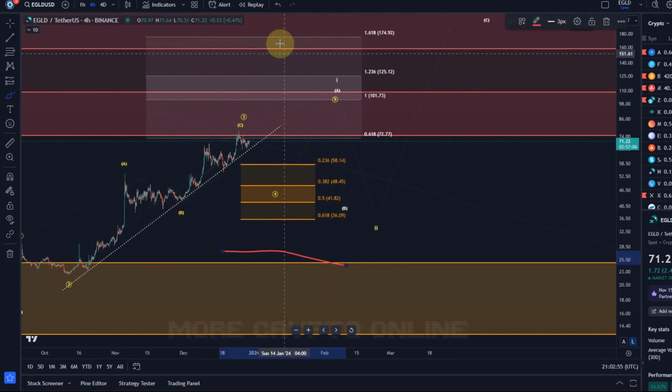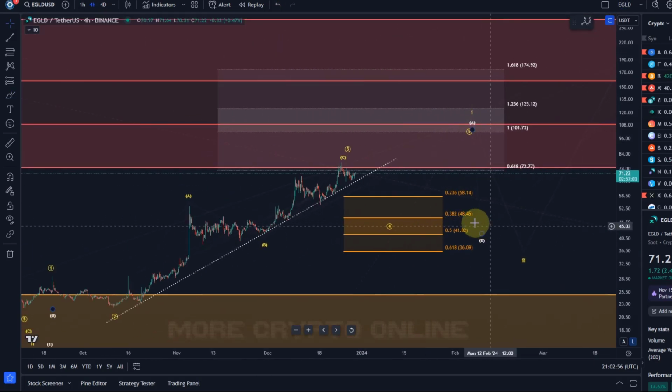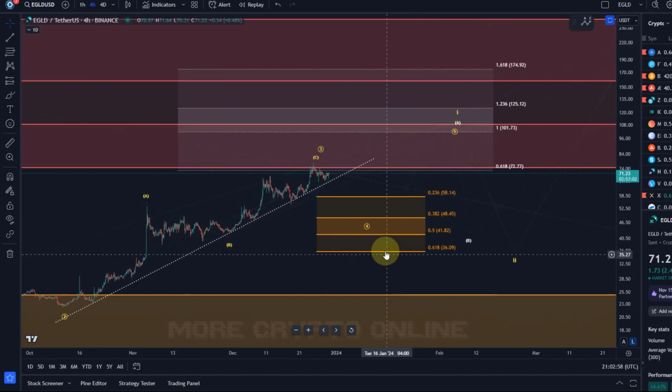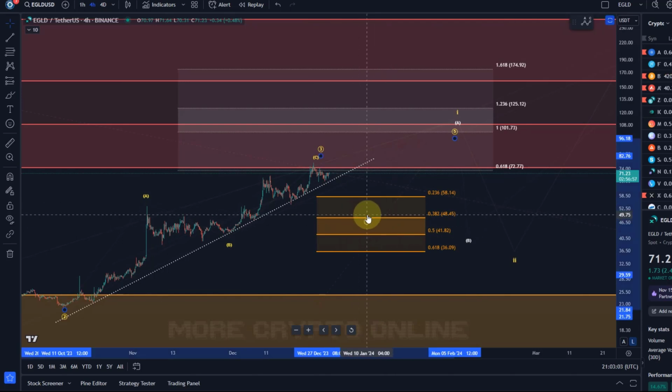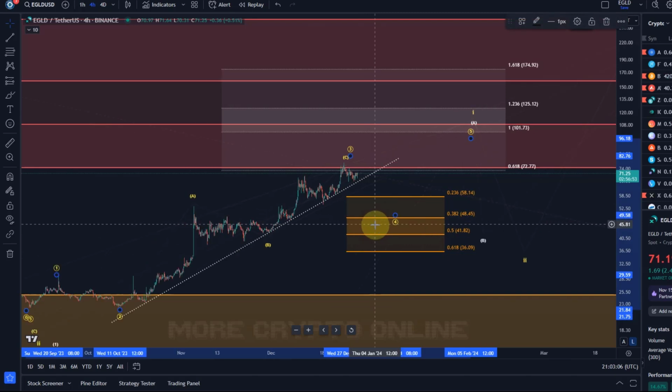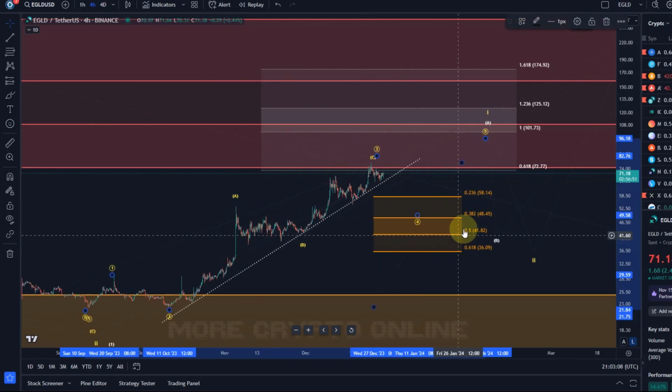In this scenario, the support region is between $58 and $36, which means in any pullback, I would need to see the price hold above $36 to still be able to count it as an unfolding diagonal pattern. So that's sort of the key level. But ideally, even in a wave 4 in a diagonal, I actually don't want it to get below $41.80.